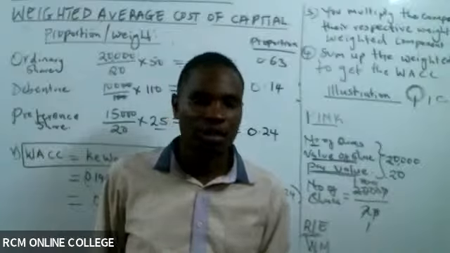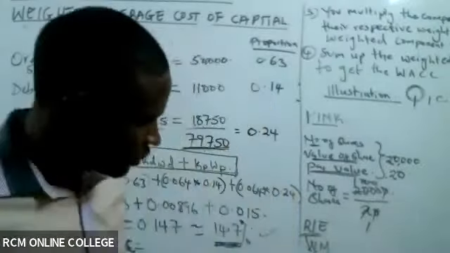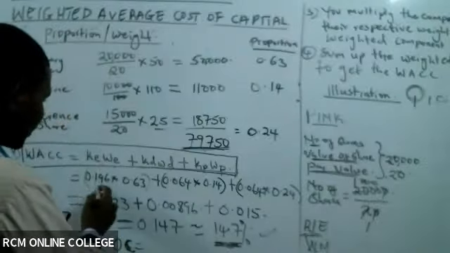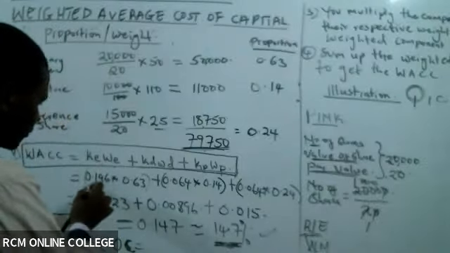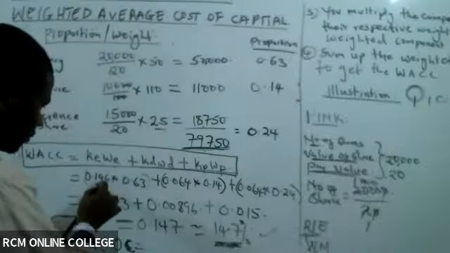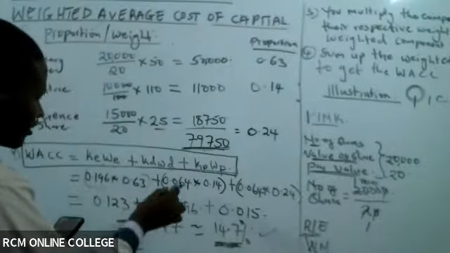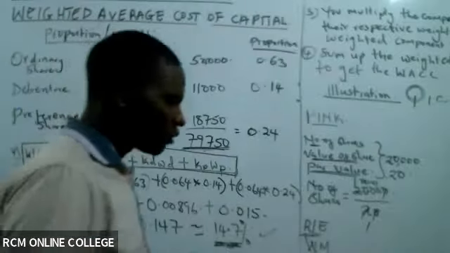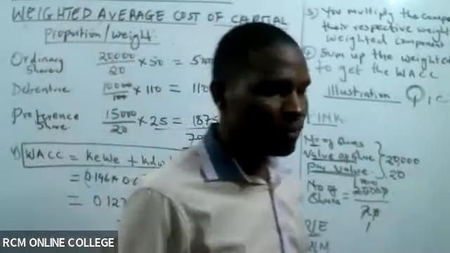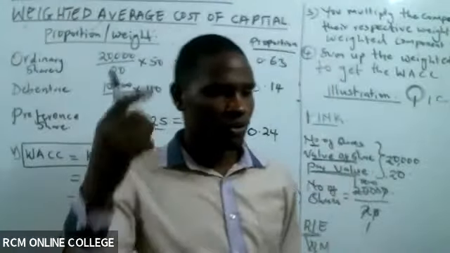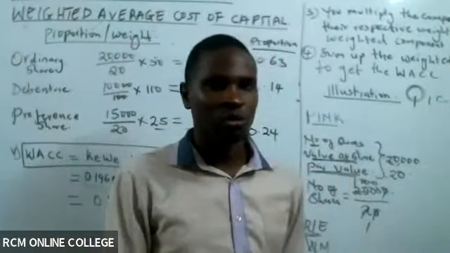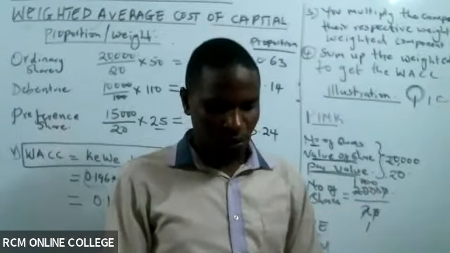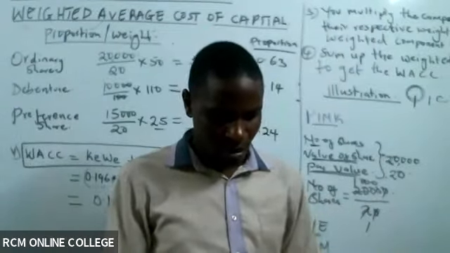By the way, ukiangalia cost of equity, it's always higher than the cost of debt. Cost of equity is higher, 19.6%, 6.4%. So you can always explain why the cost of equity is always higher than the cost of debt.